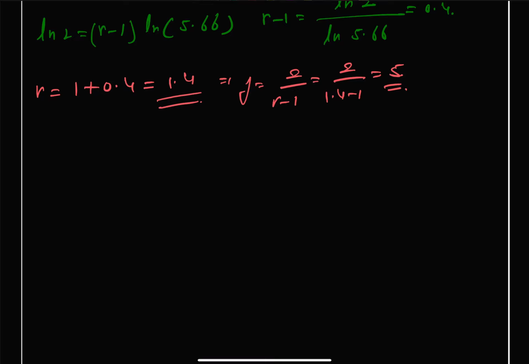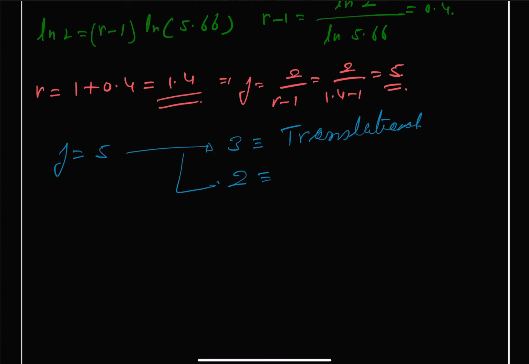Okay, so from here we can also say that value of F is about 5. Therefore we are going to have degree of freedom of 3 for our translational, and 2 for our rotational.